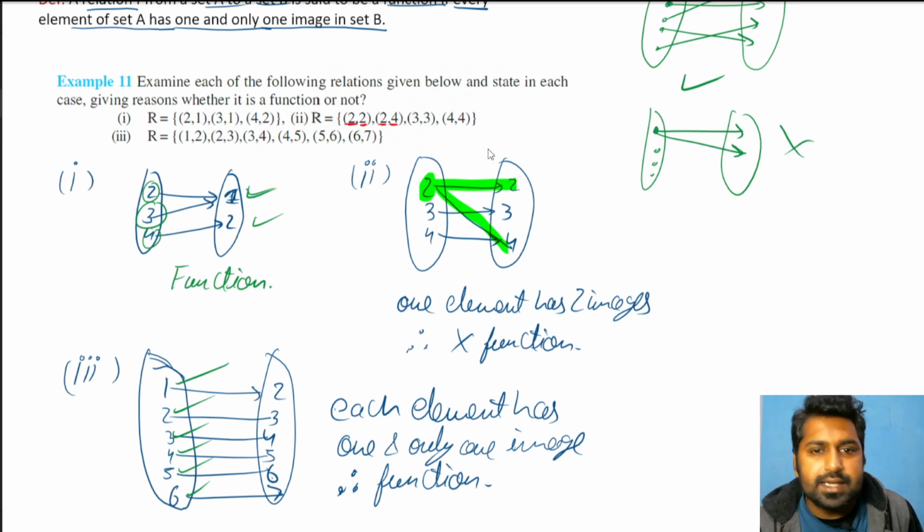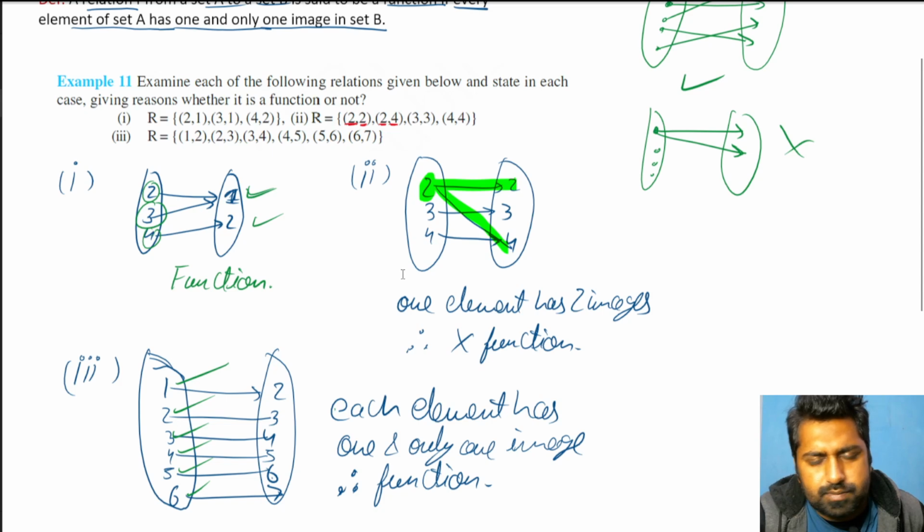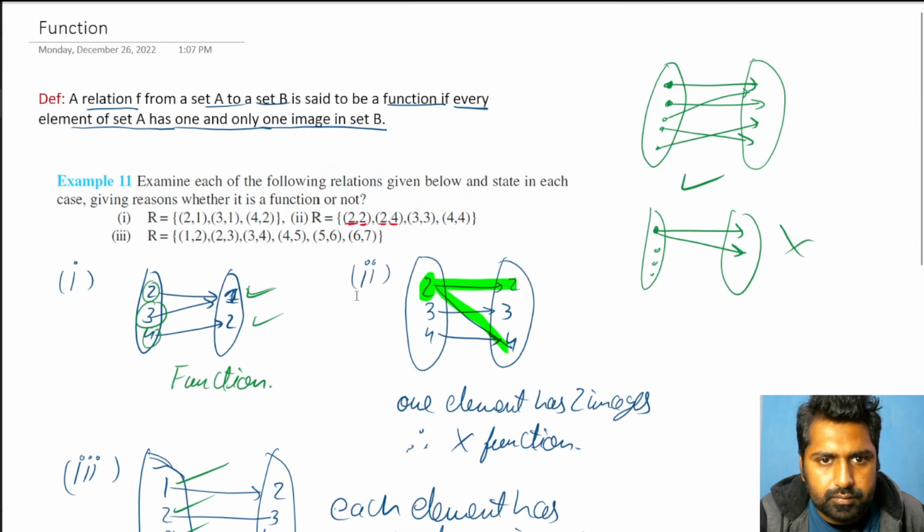Those again are easily dealt with based on these arrow diagrams. Okay, fine. So that covers your functions. So function only has one definition, that every element should have one and only one image. Okay, done.